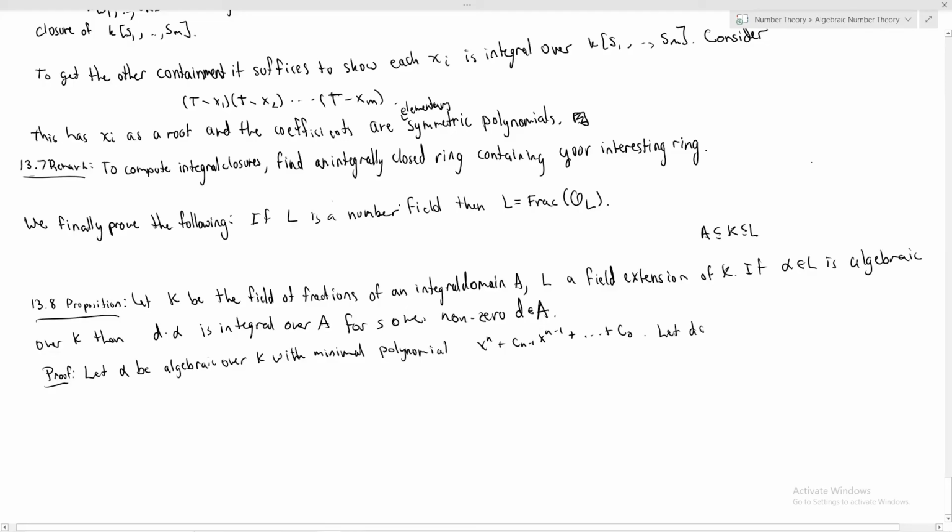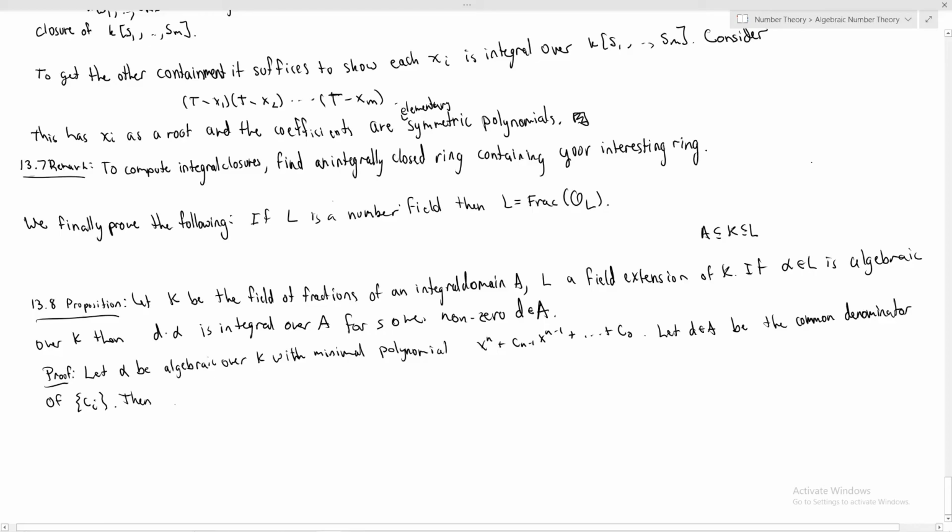Let d in A be the common denominator. Then I just consider what happens when I multiply.